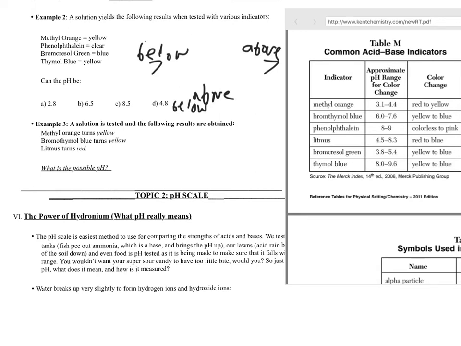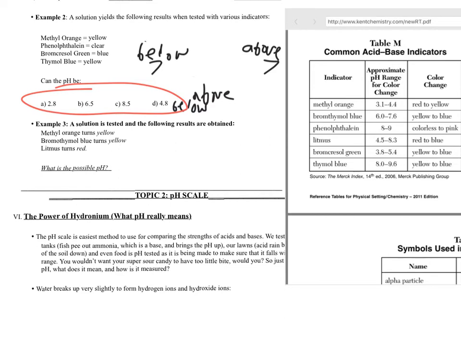We put phenolphthalein into this same solution, and it turned clear or colorless. And we put bromcresol green, it turned blue in the solution, and then we also put thymol blue in it, and it turned yellow. So it gives us these clues, and we have to figure out, out of these options down here, which one of these it could possibly be.